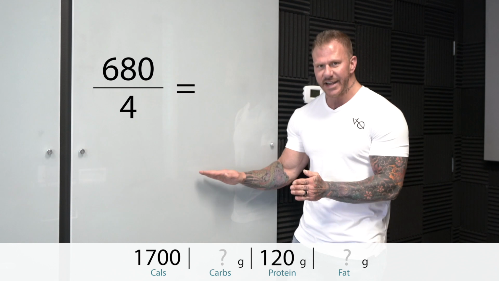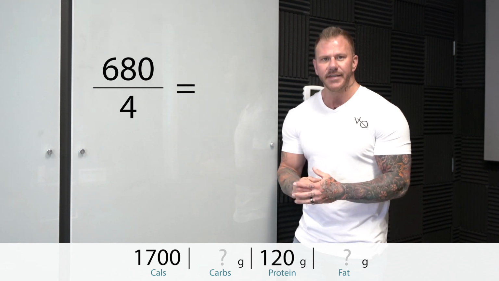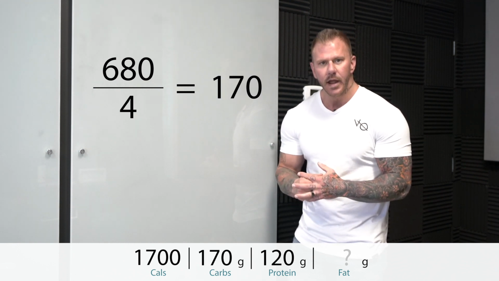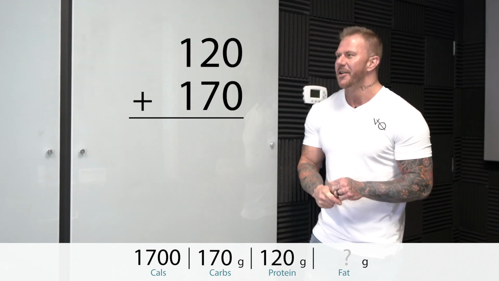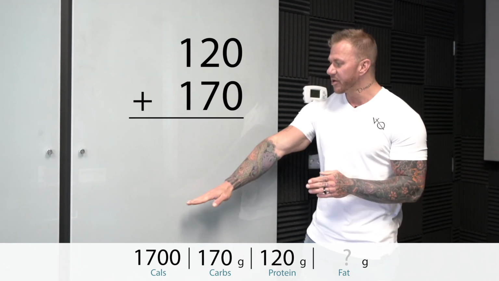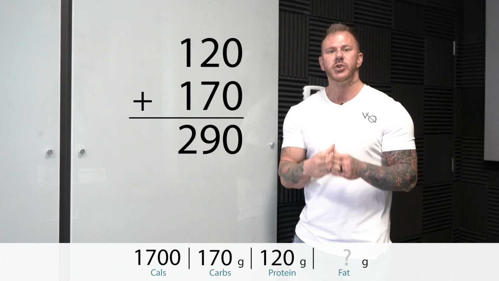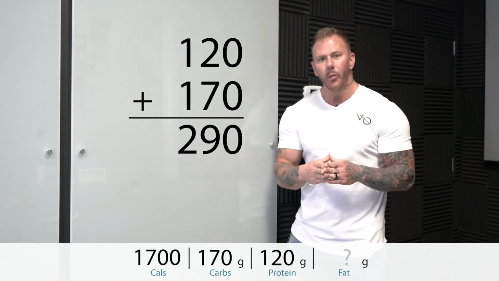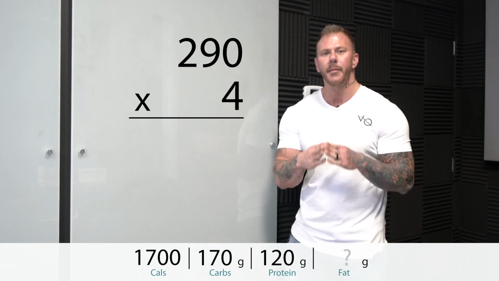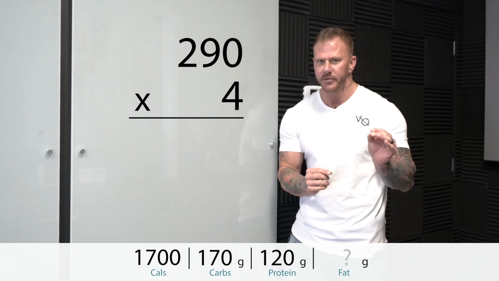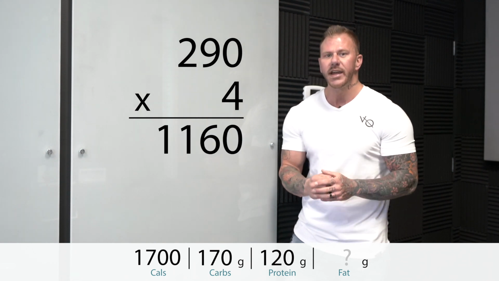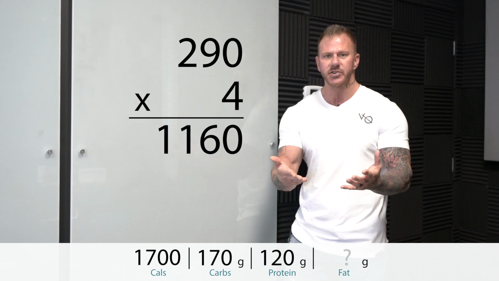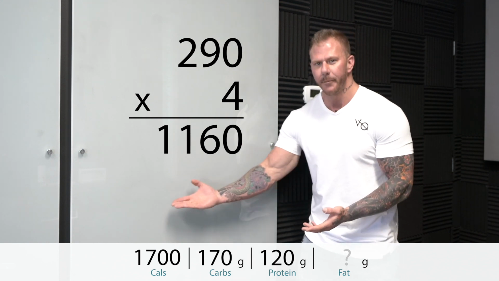So we take 680 and divide that by 4, and we get 170 grams. So we take 170 plus 120, and that equals 290. Now we're going to take 290 and times that by 4, because remember, 4 calories per protein, 4 calories for carbs. We get 1,160 of our calories are coming from carbs and protein.